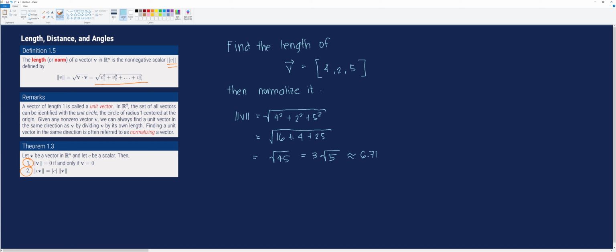To normalize the vector, we multiply the vector by the reciprocal of its length. And that is 1 over 3 square root of 5 times the vector (4, 2, 5).